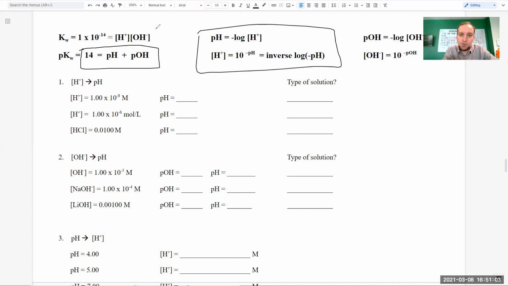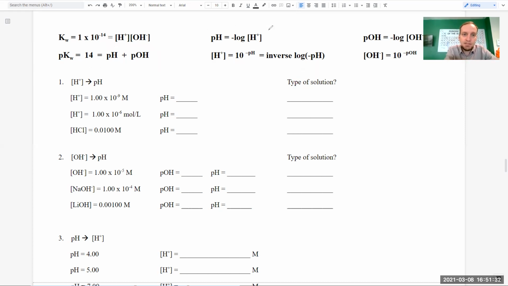To go in the opposite direction, if we know the pH here, if we do the inverse log or 10 to the negative pH, then what we have, of course, would equal the H plus concentration. And again, these 2 here are opposites as well. If we know the pOH, we could do the inverse log of the negative pOH, and that equals OH. Now, if that doesn't mean a whole lot to you, don't worry, because we're about to go through it together.